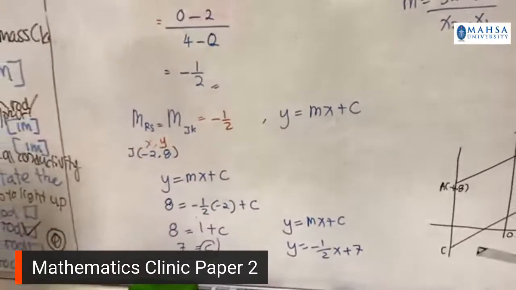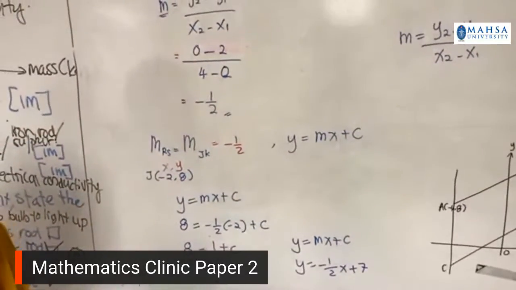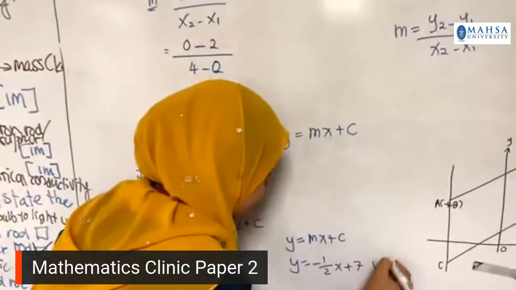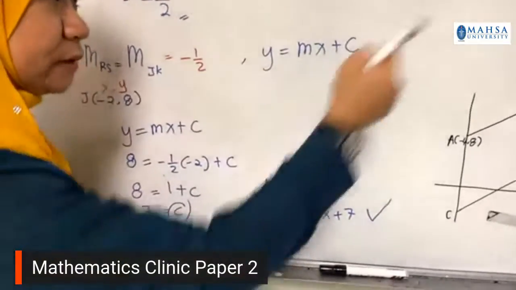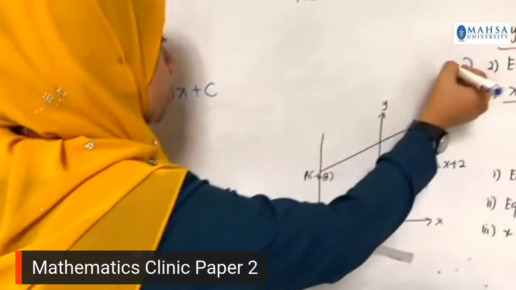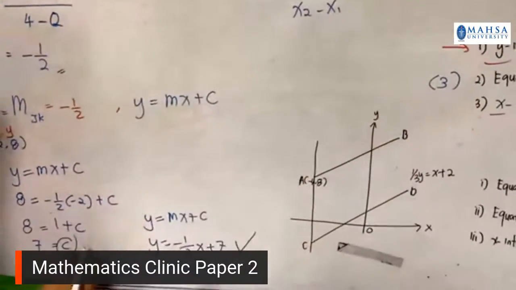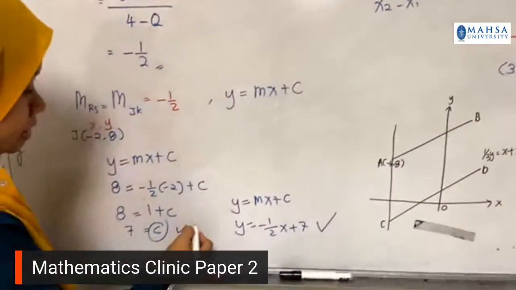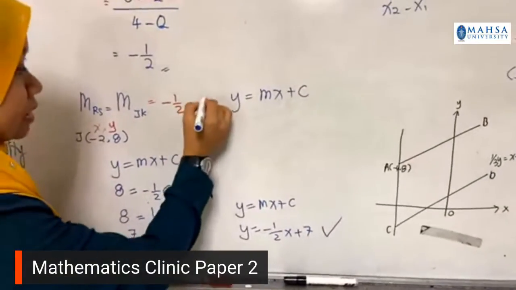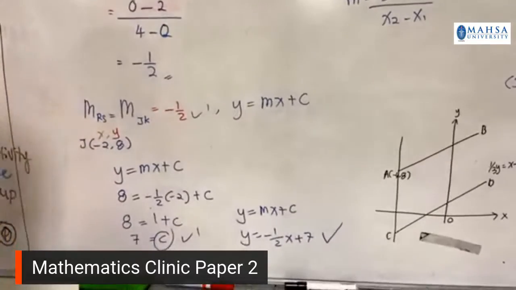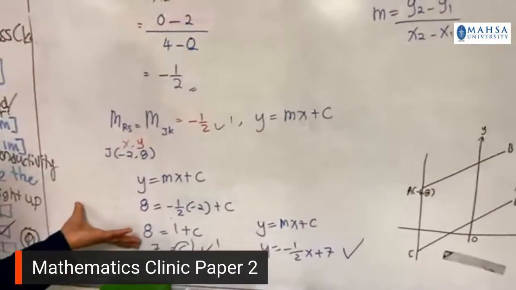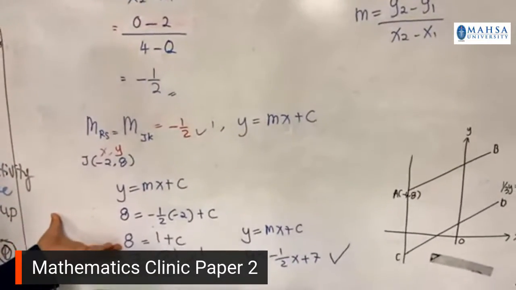The question asks you to find the equation of JK. If you didn't write this one, you cannot get full marks. Usually for this question, it will give you 3 marks. For example, if you just write until this one is 1 mark, and this one is 1 mark, you only get 2 out of 3. So this is how to form the equation of JK.